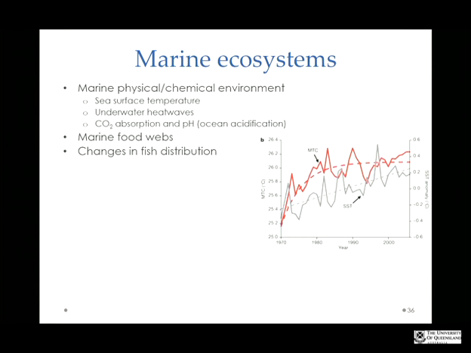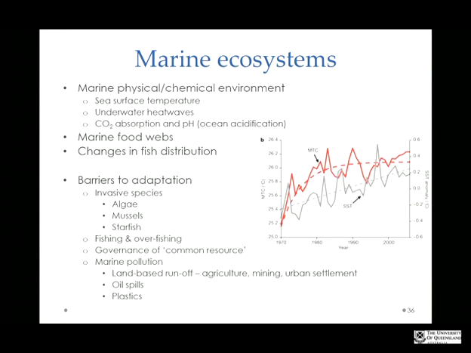So those fish are moving. The fish that were at 25 degrees have now moved north or south to stay in cooler water, and the ones that were in warmer water have moved in to occupy that area. And so that key thing is sea temperature, both on the surface and underwater, and ocean acidification in marine ecosystems.